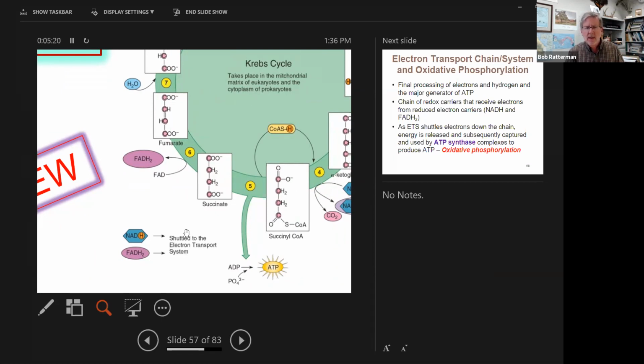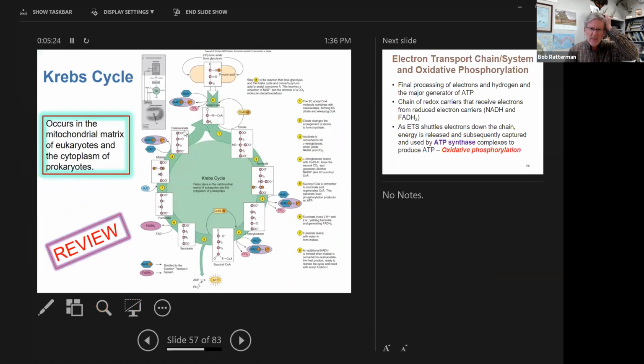Now, one could also argue there are some other compounds made here besides ATP and the 3 NADHs and the 1 FADH2. One could also talk about some waste products produced. Just like we produced the CO2 up here, notice that we make a couple down here as well, right?